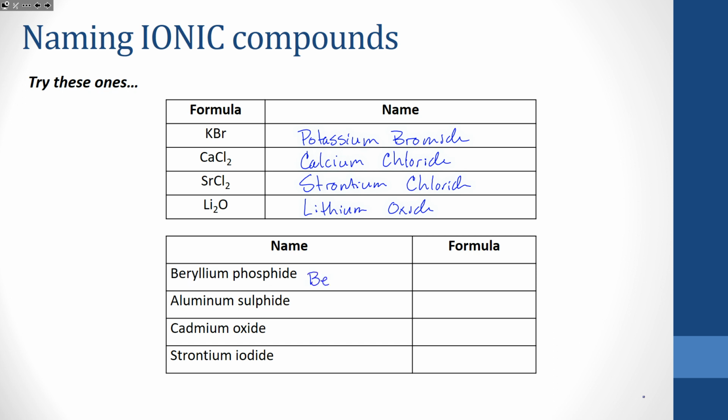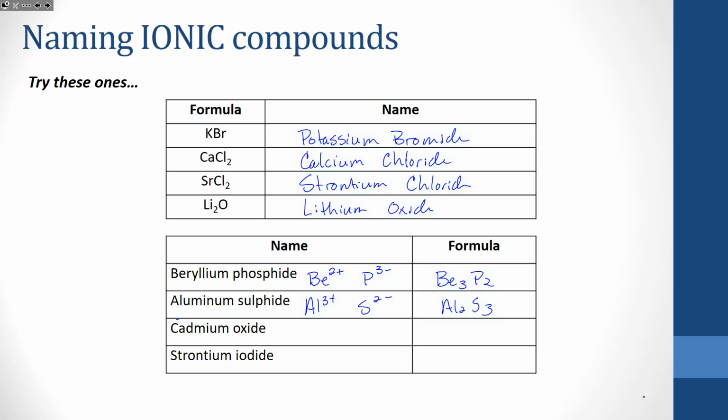So Be is a 2+ and phosphide is a 3-. So this would be Be3P2. Aluminum sulfide, Al is a 3+, sulfur is a 2-, so Al2S3. Ooh, cadmium. Now cadmium is one we have a problem with, unless it is on the back side of your periodic table, which it very well might be.